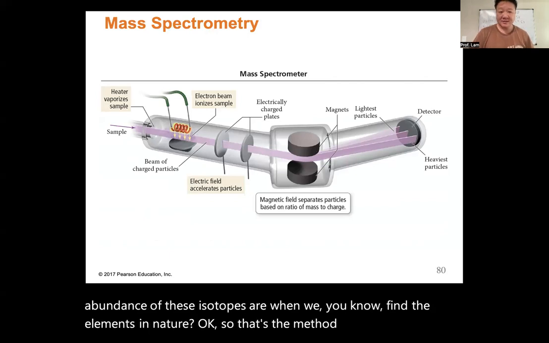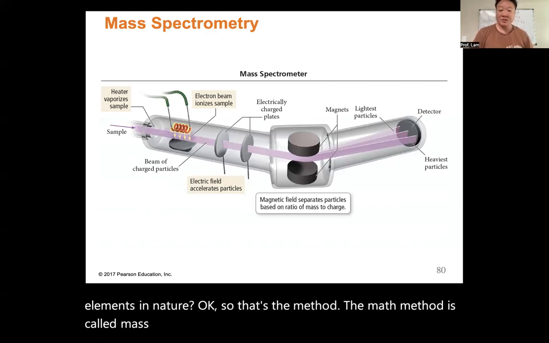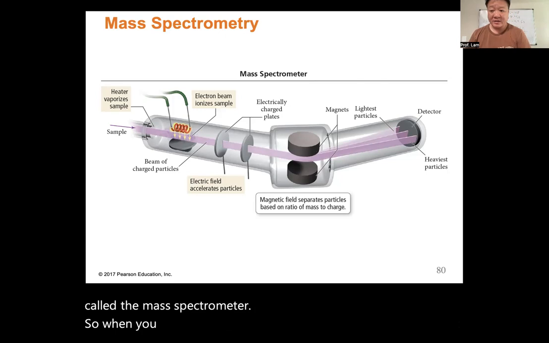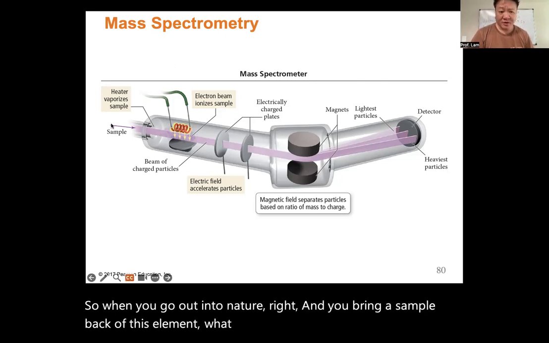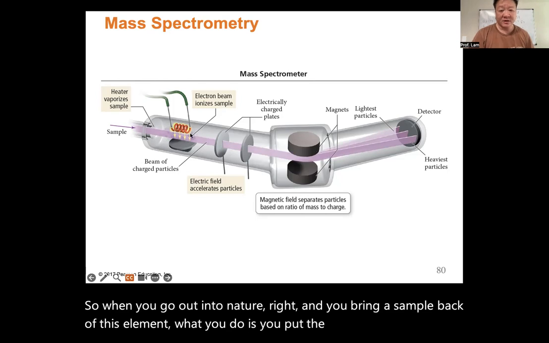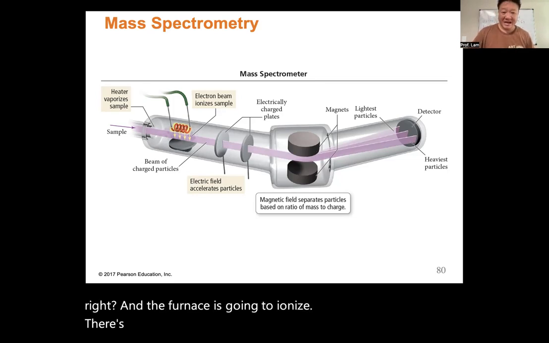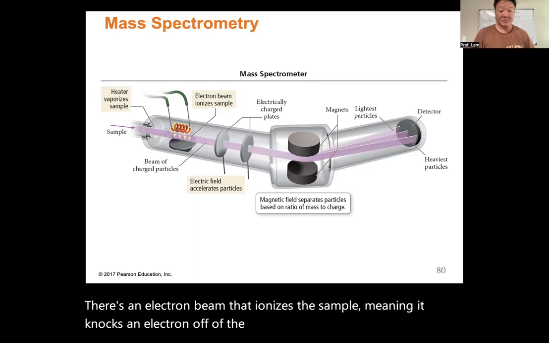The method is called mass spectrometry, and the instrument used to measure that is called a mass spectrometer. So when you go out into nature and bring a sample back of this element, you put the sample into a furnace, and there's an electron beam that ionizes the sample, meaning it knocks an electron off of the element, and so it becomes charged.